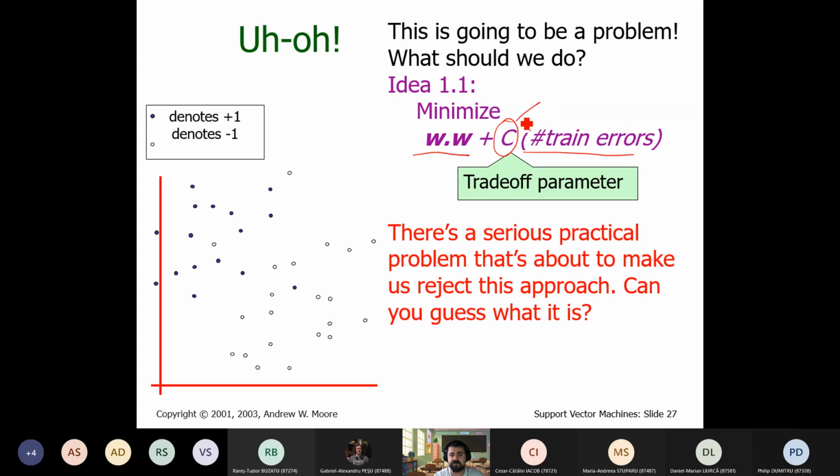And this value of C is a trade-off parameter that will help me in this task. However, the value of C is impossible to be evaluated automatically. So it should be guessed by the programmer. Okay.